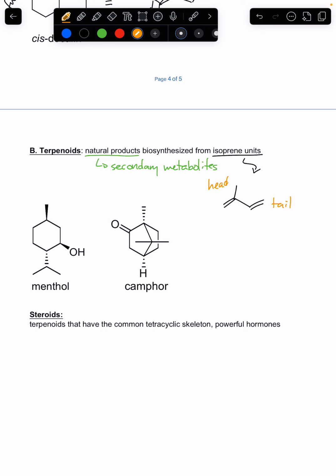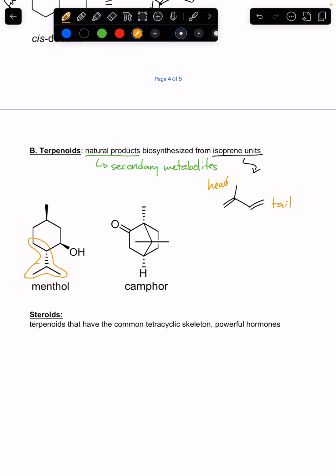Hopefully you can find the isoprene units, 2 of them, that make up this menthol. First, it's easy to see this head part. Now the oxidation state is different, right? This is a double bond, this is not. There's a hydrogen here, whereas this isn't. Those minor things actually change as biosynthesis progresses to make menthol from isoprene units, but the skeleton remains the same.